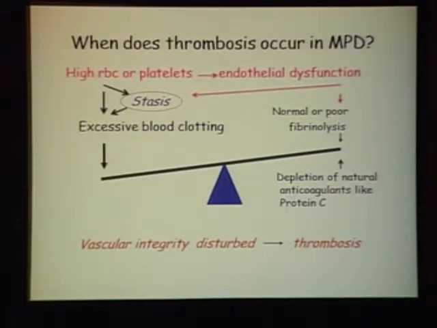At the same time, the damage to the endothelium in particular can decrease the ability of the blood to remove clots that form, tilting the balance in the direction of thrombosis.